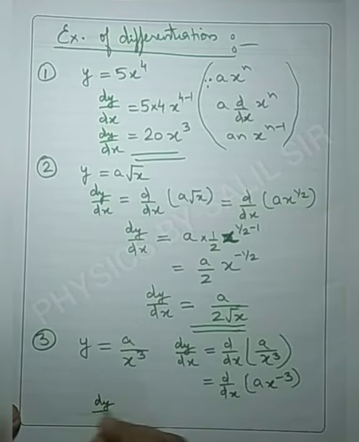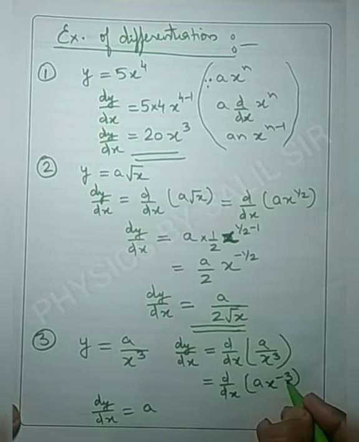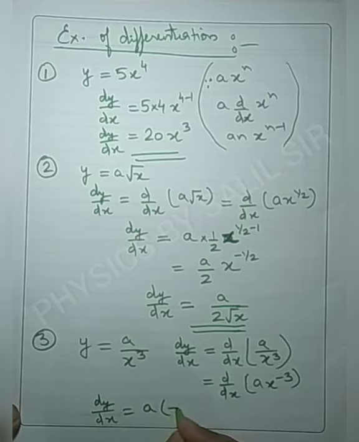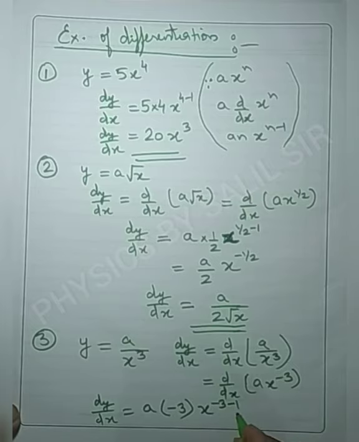Finally dy upon dx is equal to a, this minus 3 will come forward, into x to power n minus 1, meaning minus 3 minus 1. So it will be minus 3a x to power minus 4. This will be your answer, minus 3a x to power minus 4.